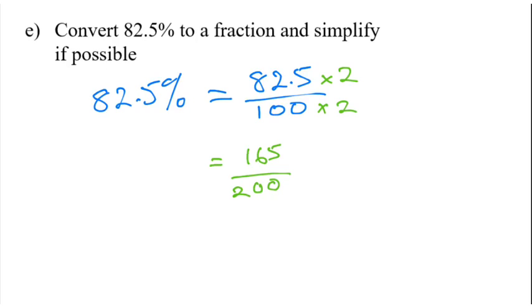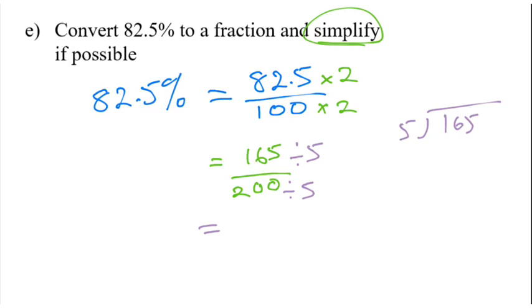So now I need to simplify this. So let's think about what we can do. Well, I know 165, I could divide that by 5, and I could divide the 200 by 5, and it'll work out. So 165 divided by 5, so 5's into 16 is 3 with 1 remainder, and 5's into 15 is 3.